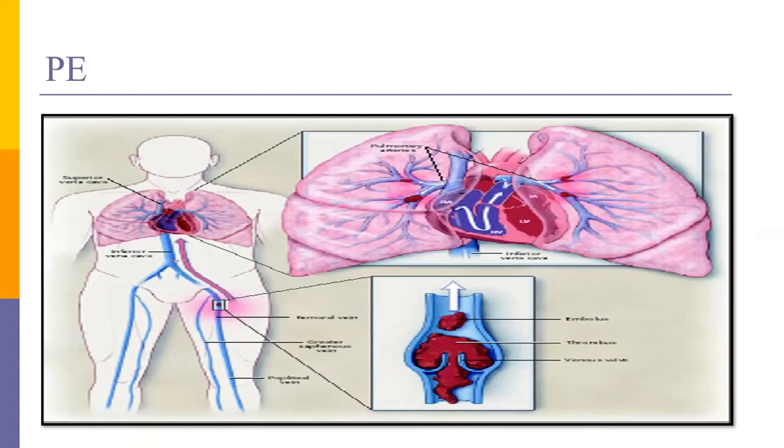In the lower diagram, we are seeing a clot has been formed, and one of the emboli is escaping, going upwards through until the pulmonary circulation, where it's most likely to cause occlusion and cause a lot of problems up there.